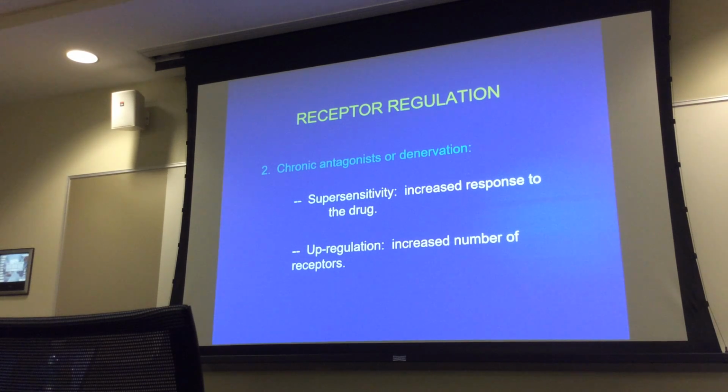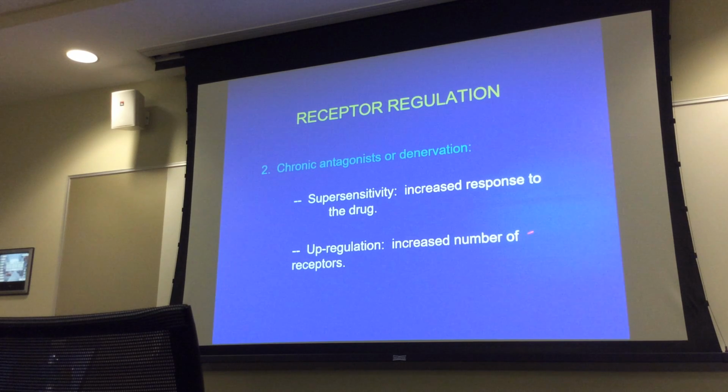So basically, if you understimulate the receptors, you get an increased response to the drug, and that's produced by the cell increasing the number of receptors. This is, in fact, a physiological or pharmacological example of spare receptors or receptor reserve.